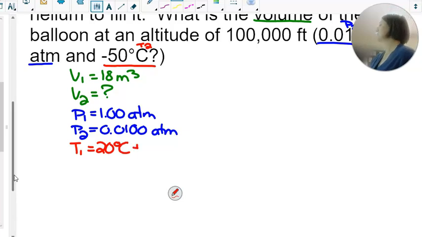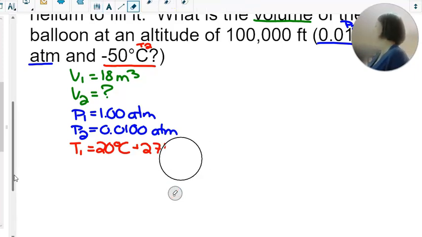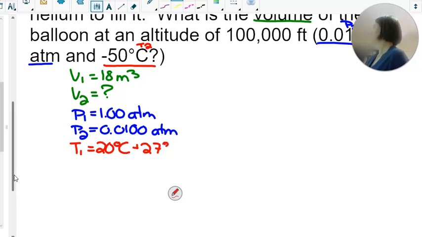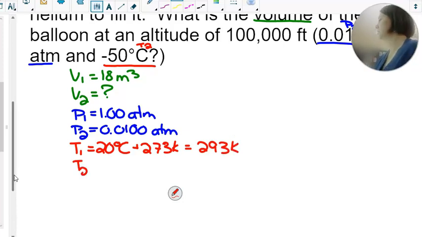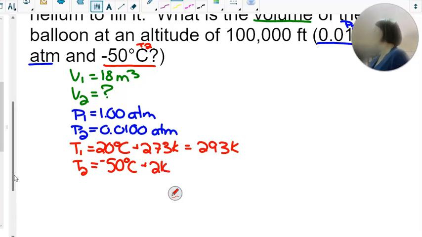We have to convert it to Kelvin by adding 273 Kelvin, K, which would equal 293 K, and then my T2 is equal to negative 50 degrees Celsius, converting that into Kelvin.